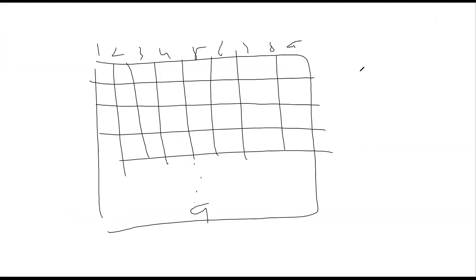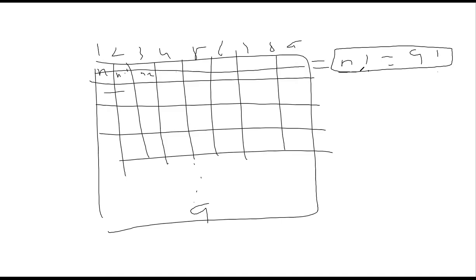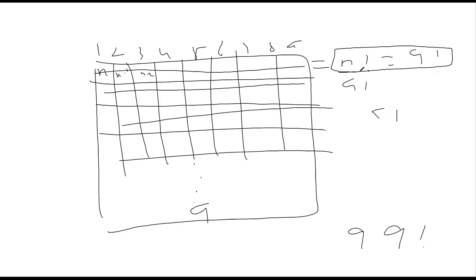If you place 1 here, there are n ways you can put a number here, and once you have placed 1, there's n minus 1, then n minus 2, which will give you n factorial. Essentially, in this case, it is 9 factorial because you have 9 values. Now, 9 factorial is the number of ways in which you can fill this one. Similarly, you have 9 factorial here, 9 factorial here. So that will give you 9 into 9 factorial, which Roger says is almost equivalent to 10 factorial.